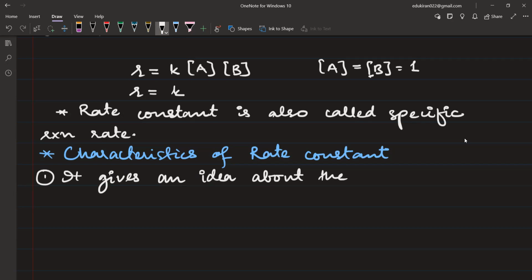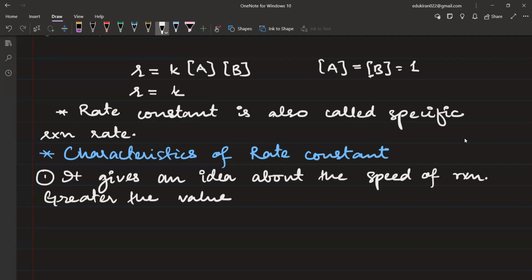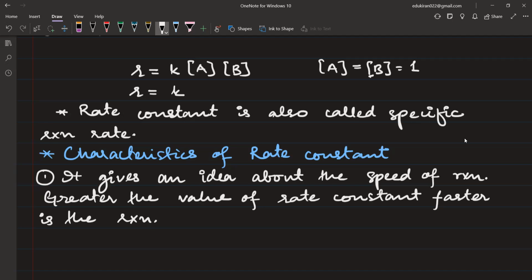It gives an idea about the speed of reaction. Greater the value of rate constant, faster is the reaction.